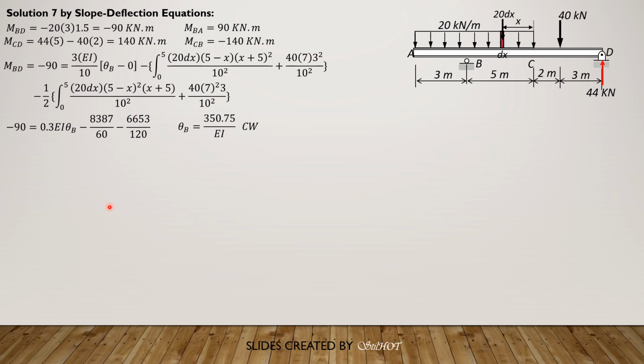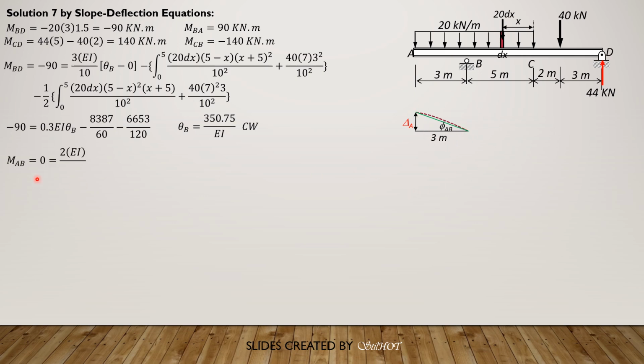Next, we compute MBA. So let's consider BA. This is the diagram. Let's assume that the rotation of the chord is clockwise again. So this is PAB, which is treated positive. Delta A is also treated positive because the chord is rotating clockwise.